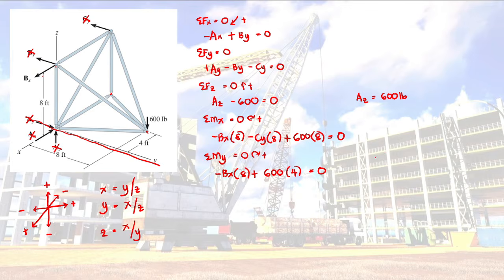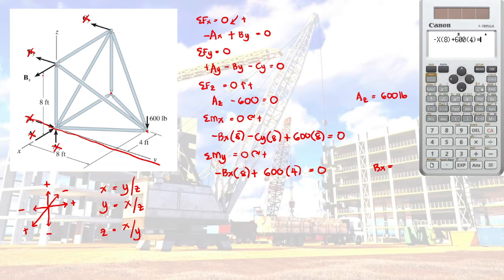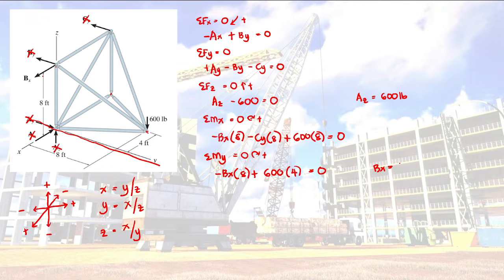So, masasolve na natin yung BX dito. So, ang BX natin, it is 300 pounds. Then, summation moment at dy is equal to 0, clockwise positive.